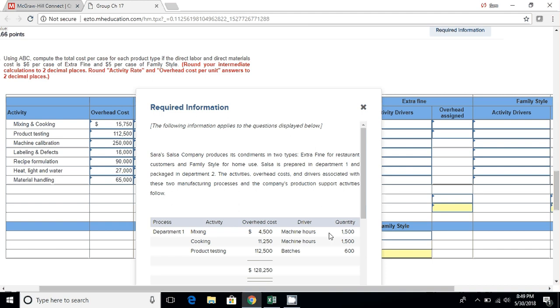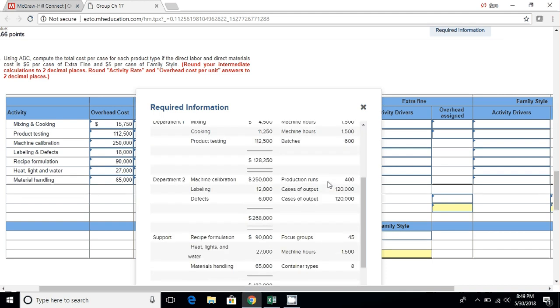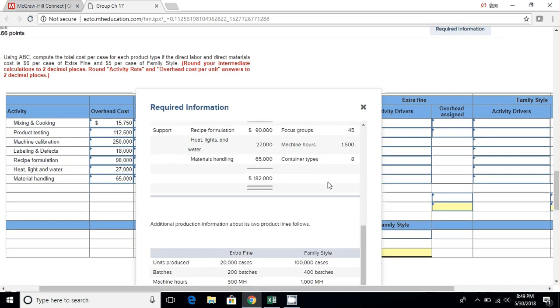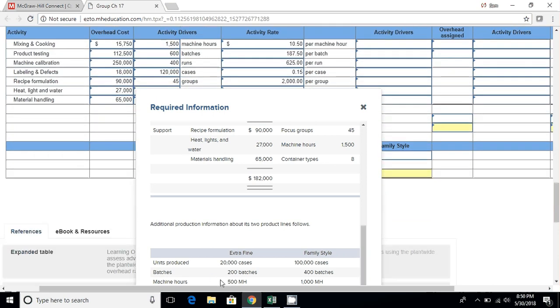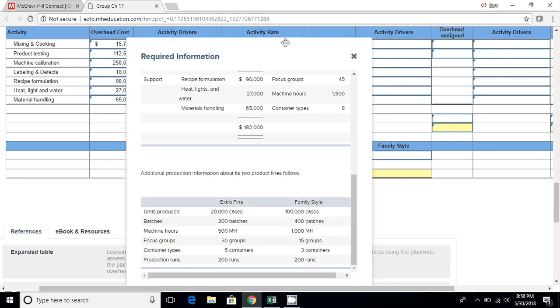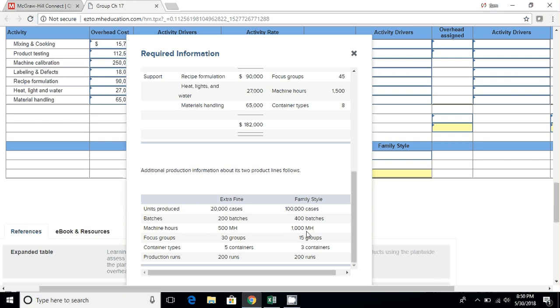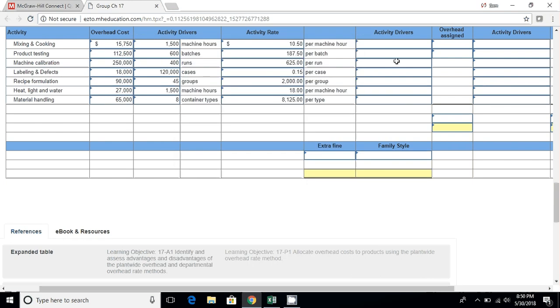Mixing and cooking looks like it's based on the machine hours, and if we come down here and look, it says that the machine hours for extra fine is 500 and the actual machine hours for family style is 1,000. Oh, okay. Can we use that information that way?